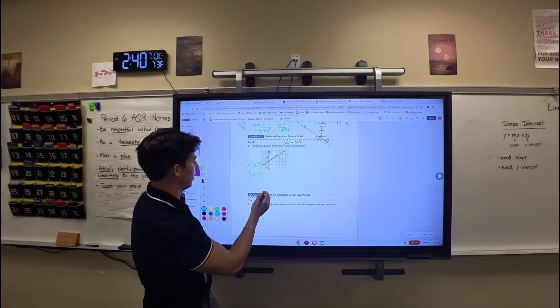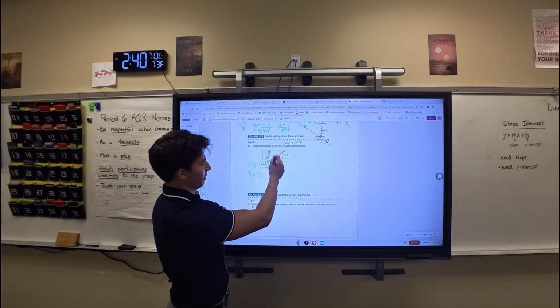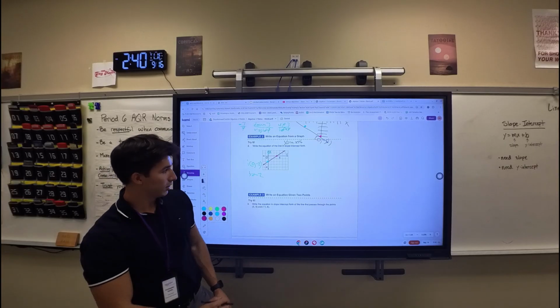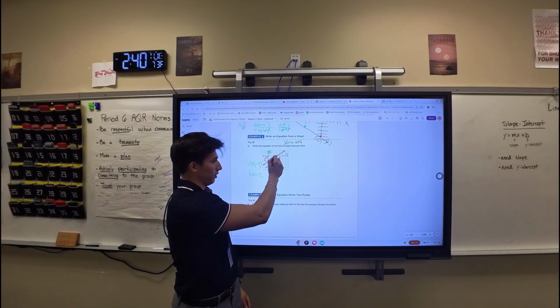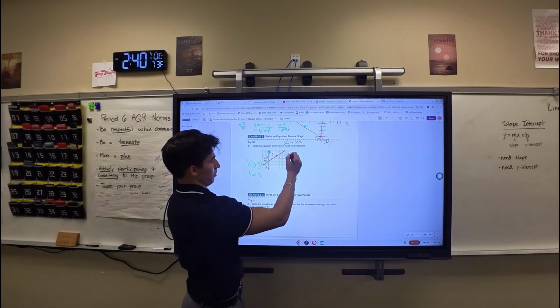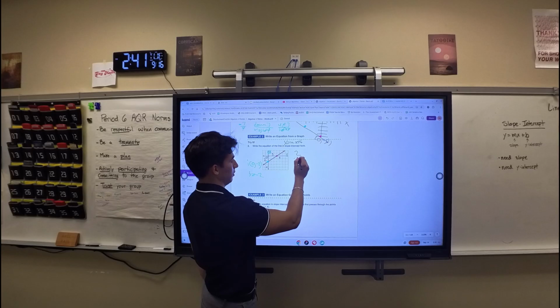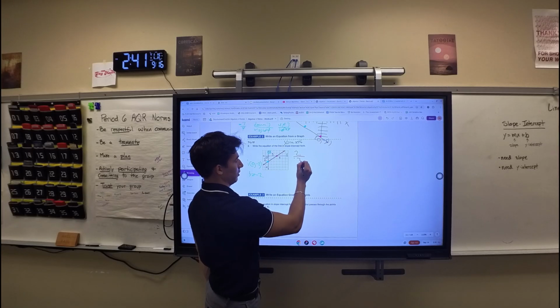Okay? And now we have to figure out what our slope is. And so we're going to use that concept of rise over run. So we said we went down 2, and this is 1, 2, 3, so over 3. So down 2, over 3.